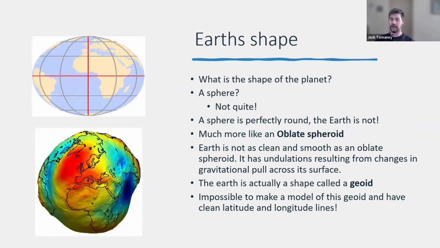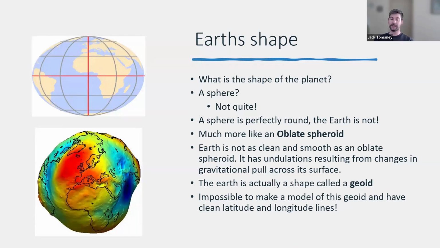So I mentioned about the Earth's shape. So we first need to understand something simple, that the Earth is not a perfect sphere. If it was a perfect, smooth ball, creating one global coordinate system that we could use for all maps would be easy. But in reality, the Earth is slightly flattened at the poles and it bulges at the equator.